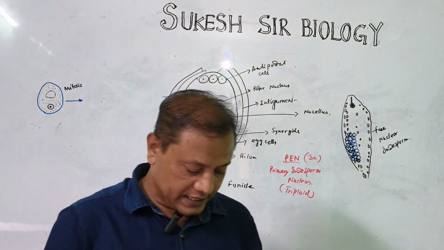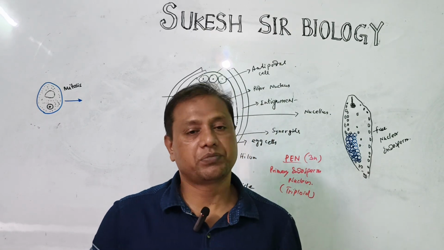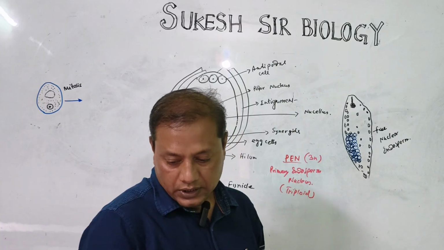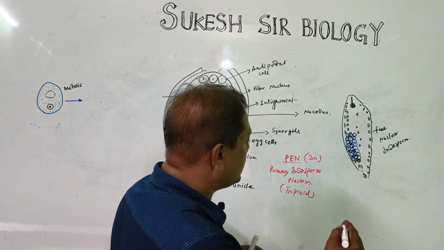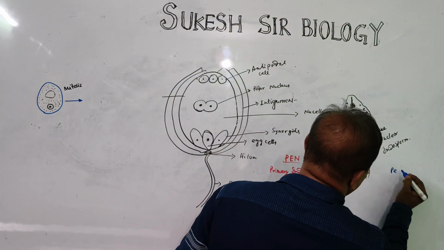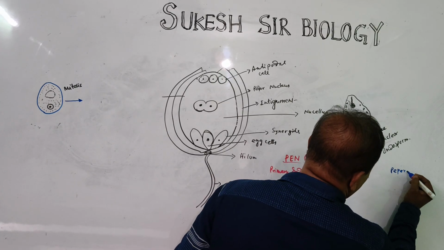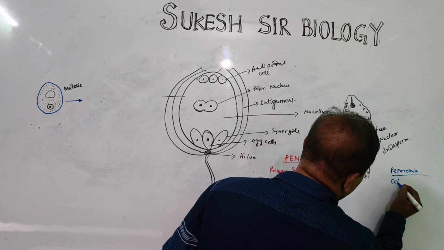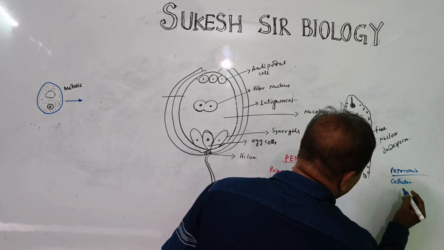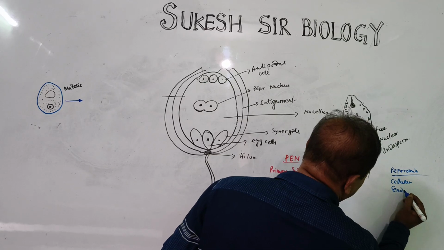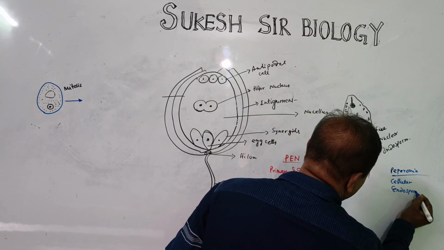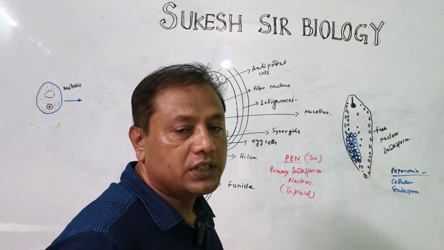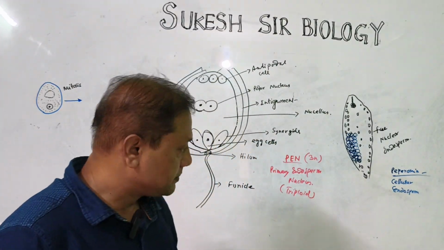The white kernel of coconut is one example of this, and you can also see it in Peperomia. The white part of the coconut is where you can see this cellular endosperm.